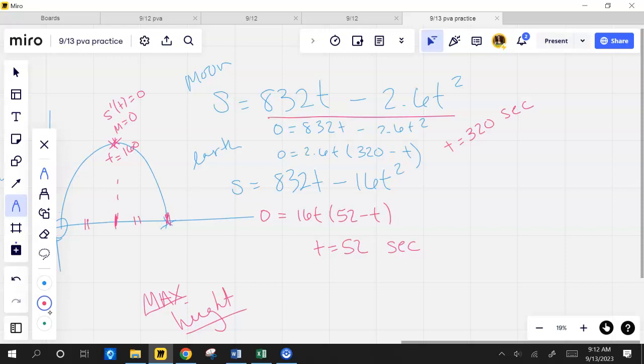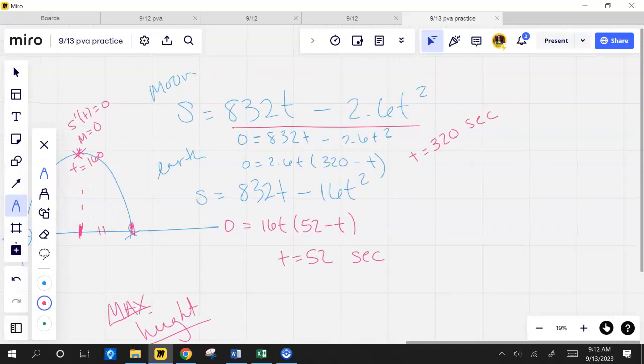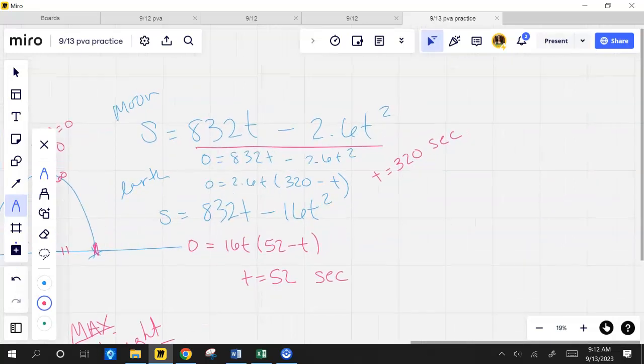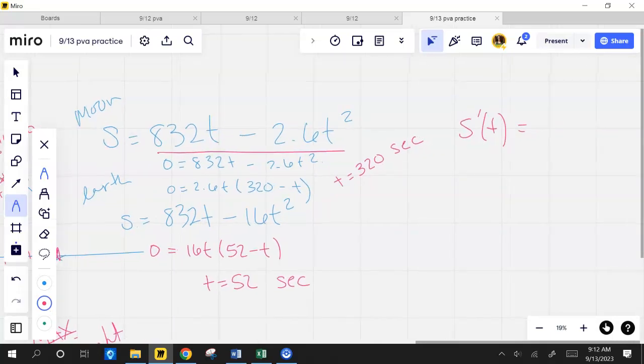Yeah, because meters, I think. Feet. What is that? 5.2. How high does the bullet go on the Earth, and how high does it go on the moon?